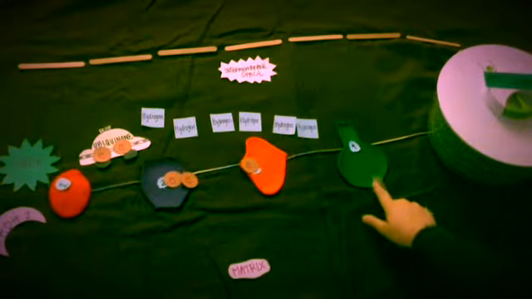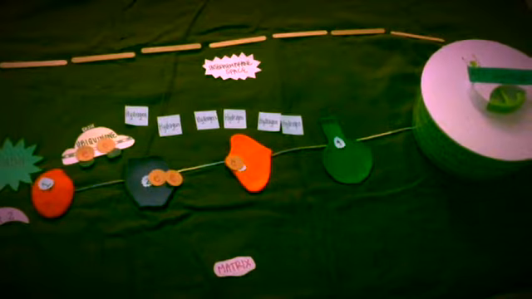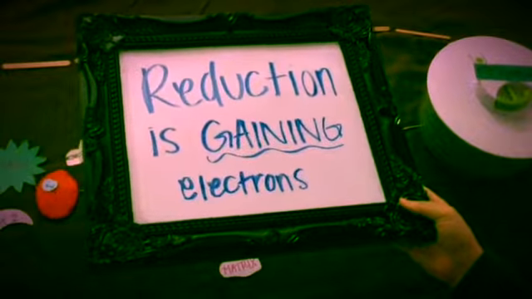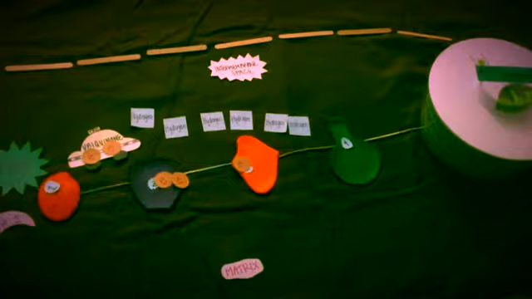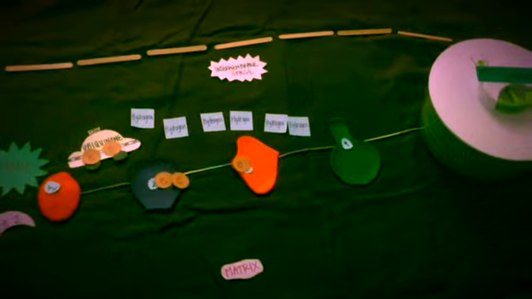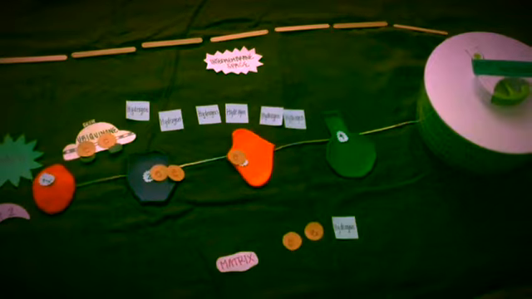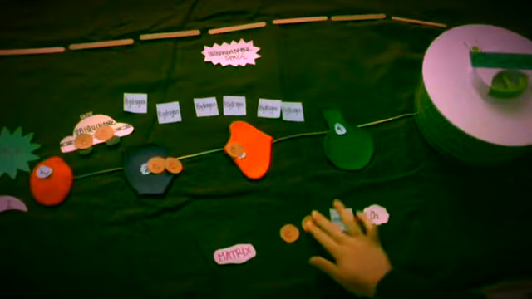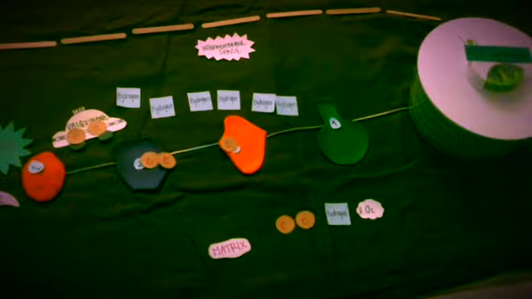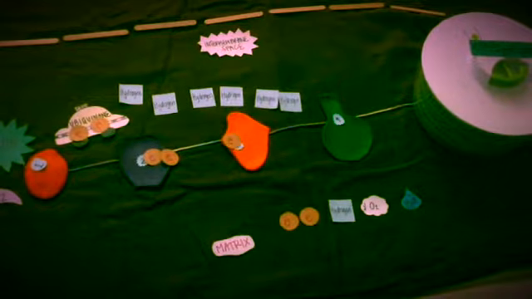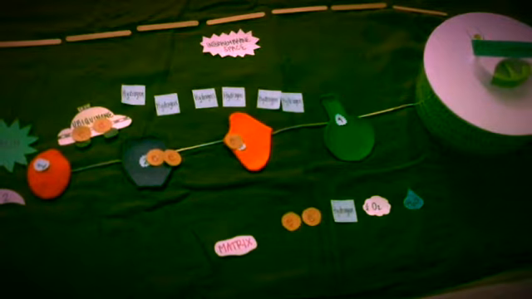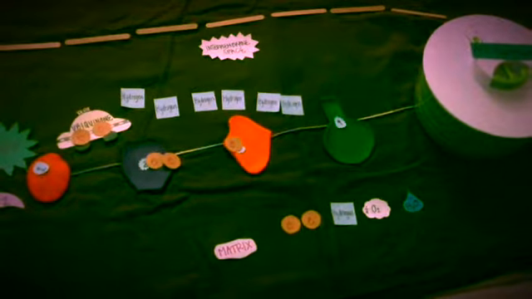When we get to the 4th complex, the opposite of oxidation occurs, which is reduction, and reduction is gaining electrons. Now we have 2 electrons, hydrogen, and oxygen. And because of reduction, we get water from that. And this water just dissolves into the matrix.